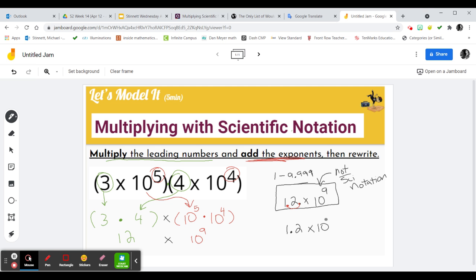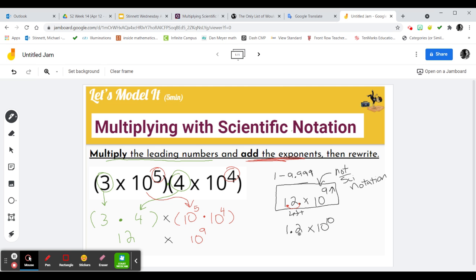We have to do something over here to show that we changed this and made it smaller. So we have to increase our exponent. When we move our decimal to the left, we're actually going to increase our exponent.